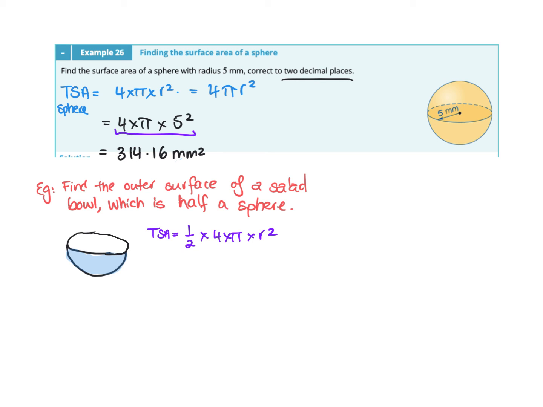So here I would be going a half times 4 times pi times 20 squared, and you type that in. I'm just going to go to the nearest whole number. So I got 2,513, and I said centimeters, so it's centimeters squared. So the outside surface area of that bowl is that.